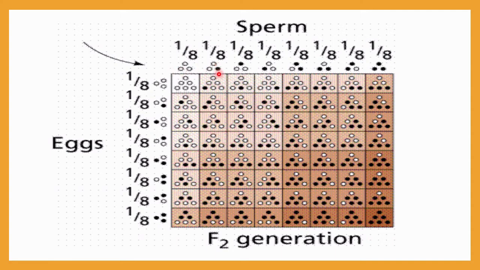And the dark color spot indicates capital letters, capital A, B and C. In the first box, if these two alleles, the sperm and the egg, fuse together, it will result in a light color offspring because of the absence of the black dot. So here only recessive genes are merged.